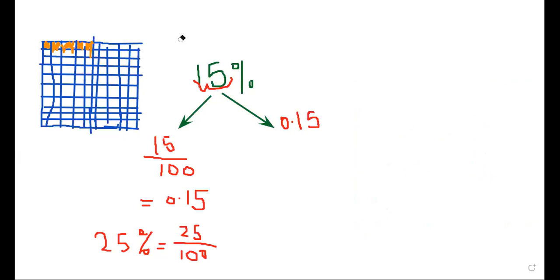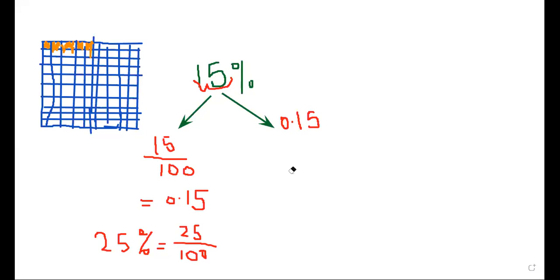If you have the number in a percentage form and you want to change it into fraction or decimal: if you want to change it into fraction, you will put it over 100, which means 15% will be 15 over 100.